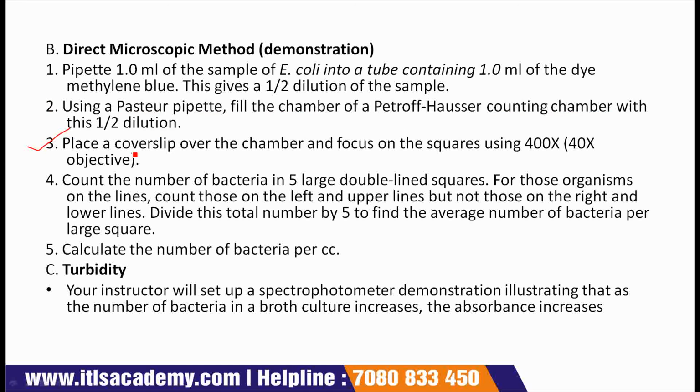Third point, place a cover slip over the chamber and focus on squares using 400 times magnifying objectives. Point 4 is count the number of bacteria in 5 large double line squares.